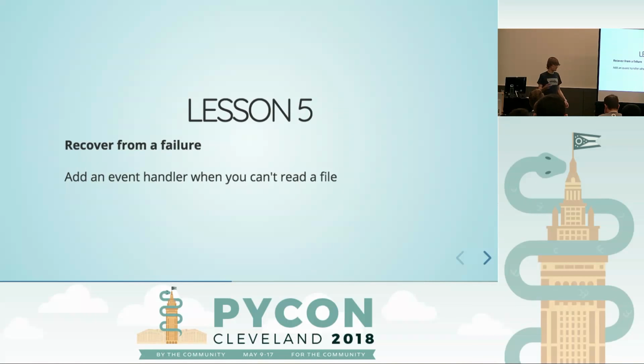So for our final lesson, what we're going to do is try to recover from a failure. You may have seen, as you pulled down this Docker repo and did your first docker compose up, that there was some weird file there, example3.txt, that was causing some issues with permissions. Turns out there's a reason for that.